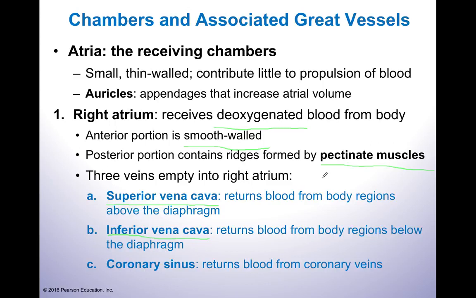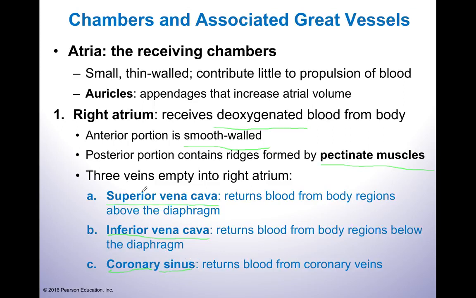It also includes part of your thoracic cavity. Inferior vena cava returns blood from anything below your diaphragm, which includes your abdominal cavity and your two lower limbs. The last one, which should be new to you, is the blood vessel called the coronary sinus.